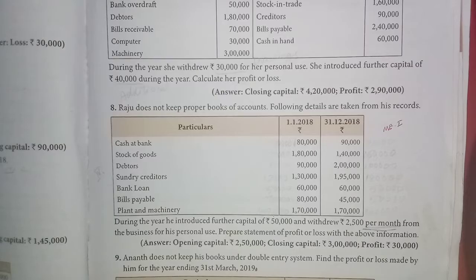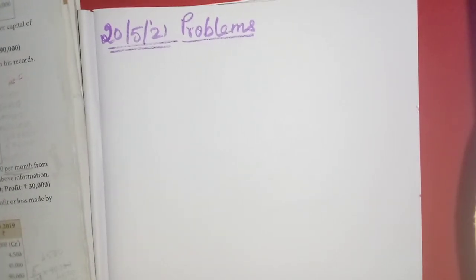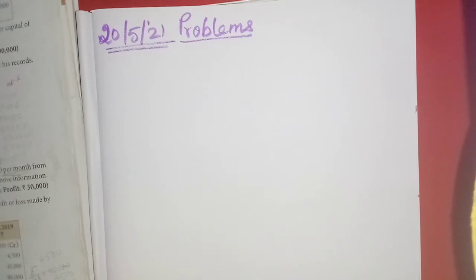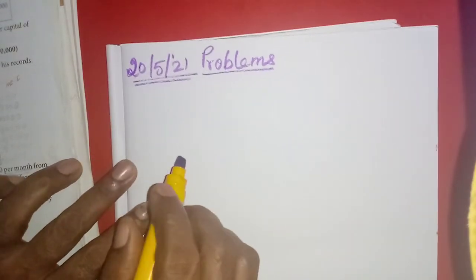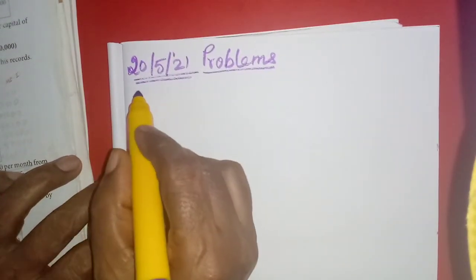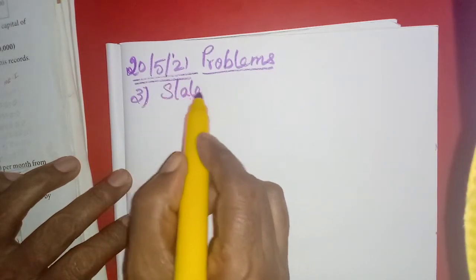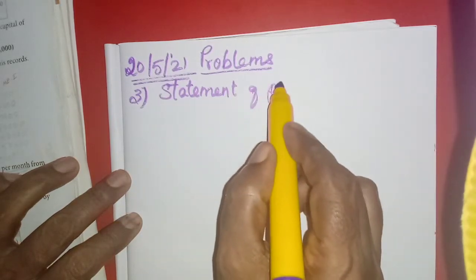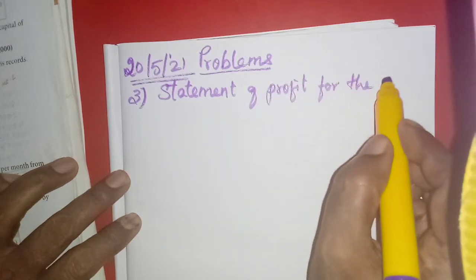Now we will do this problem. A statement of profit for the year ending, you have to write. Okay. Question number 3. If the year is given, we have to write it.